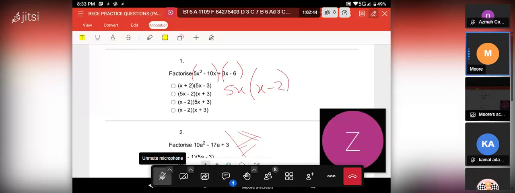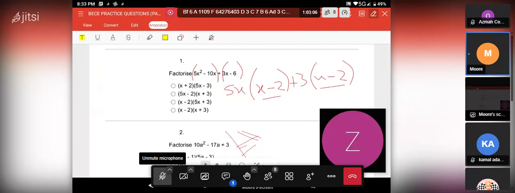Then the middle sign, that is plus, put it there. For 3x and 6, what is their common factor? 3. Then open bracket: x minus 2. You can see this bracket here, it is a must for the two of them to be the same.